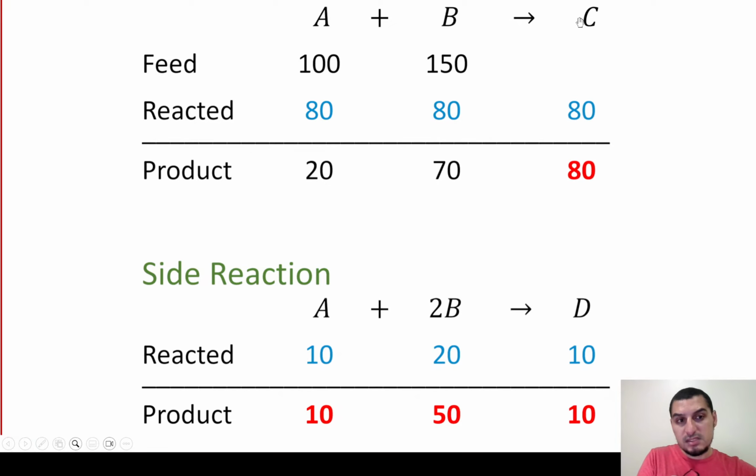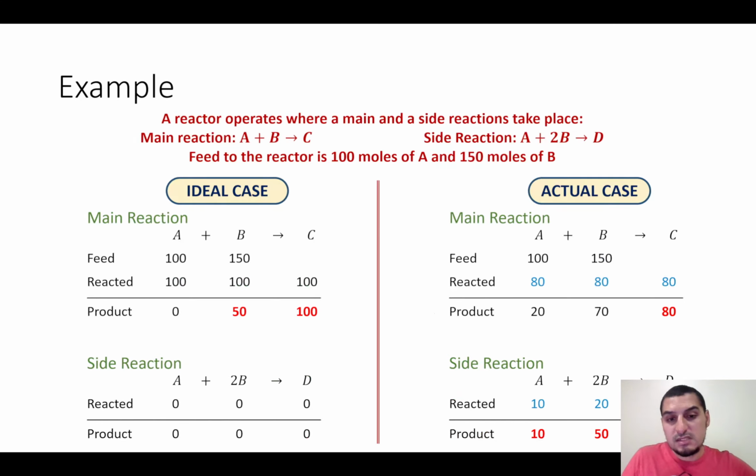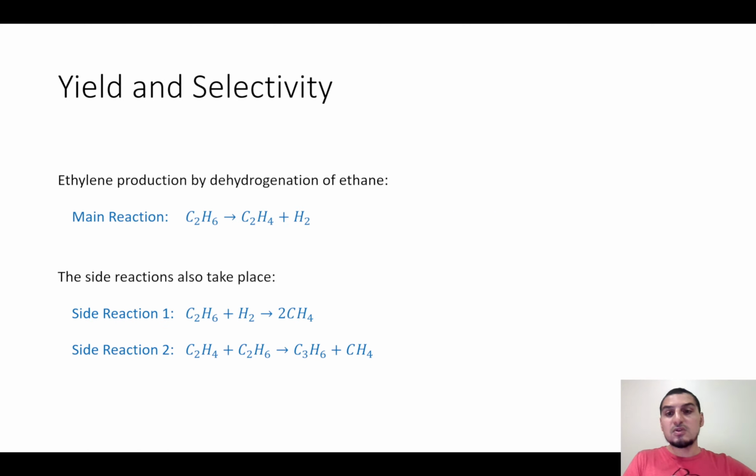C is the desired, 10 is the undesired. So it's 80 divided by 10, so it's going to be 8. Selectivity can be any value. It can go up to 10, 20, 30, 100, whatever. And of course, as it gets bigger, it's better, because this means that we have a very big difference between the number of moles of the desired product and the undesired product.